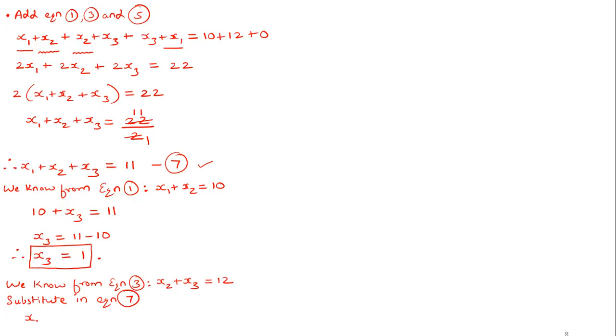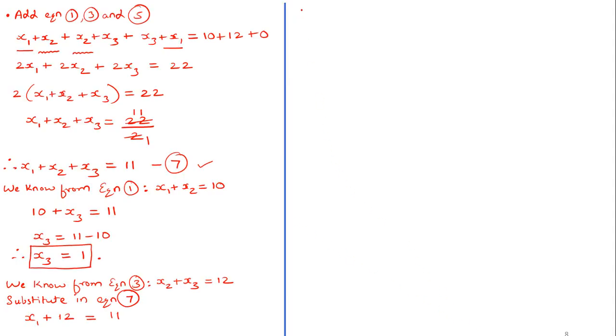So I will write here x1 plus 12 is equal to 11 as per this equation. Now here I will send 12 to the other side. So x1 is equal to 11 minus 12. So therefore x1 will become minus 1 because 12 is bigger, right? So it will become minus 1.